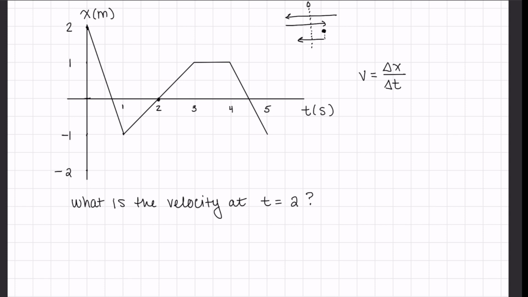And if we then look at what's happening in the graph and think about this fraction of change in position over change in time in graphical terms, that would be the same as the rise over run, since our vertical is x and our horizontal is t. In other words, it's the slope.